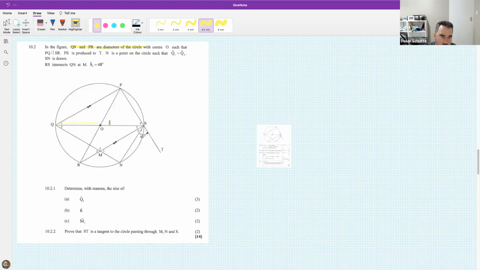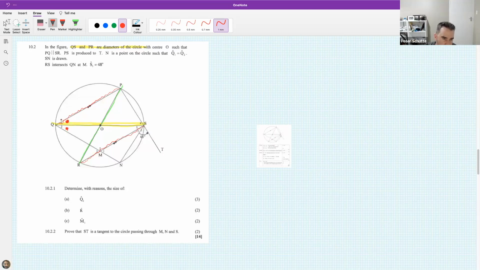We have QS and we have PR, such that PQ is parallel to SR. So I should probably just make sure my brain is aware that there are parallel lines here. And it says N is a point such that Q1 equals Q2. So we know that this one is equal to this one.